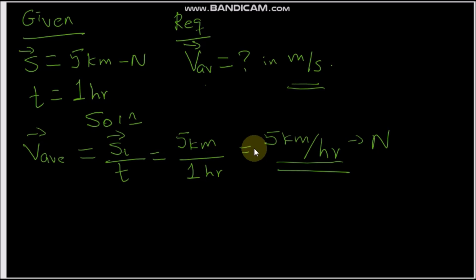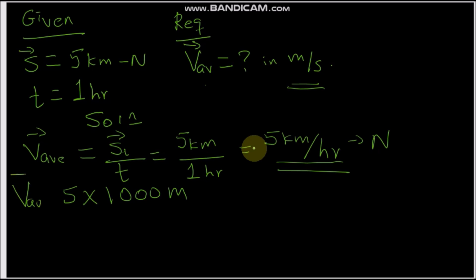So how can you calculate in meters per second? We have kilo, which means 1000, so 5 times 1000 meters.